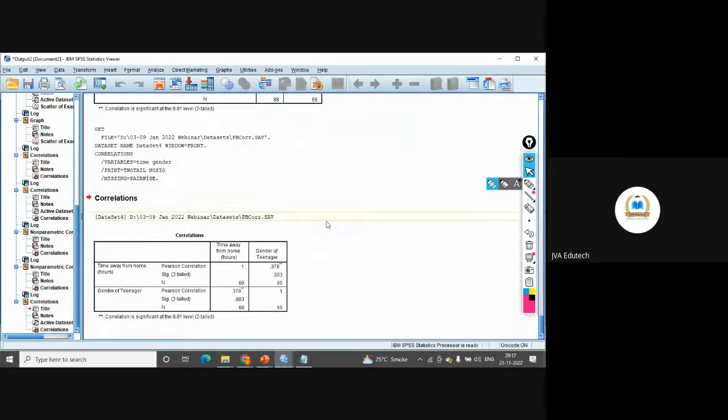Okay. What is happening here? There is a positive correlation, isn't it? Yes, sir. So what does it say? As the value of gender increases, time spent out of home also increases.